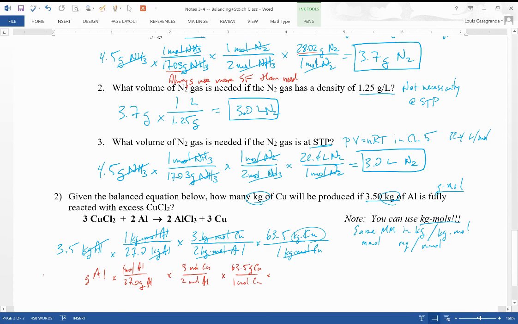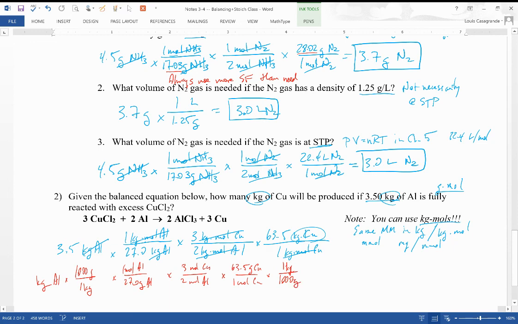Oh, I forgot to do the grams. So kilograms to grams, I'd have to take the kilograms of aluminum and multiply by 1,000 grams over 1 kilogram. At the end, I'd multiply by 1 kilogram over 1,000 grams.